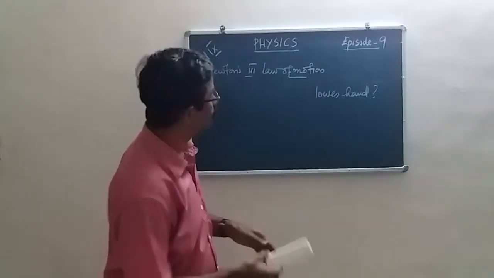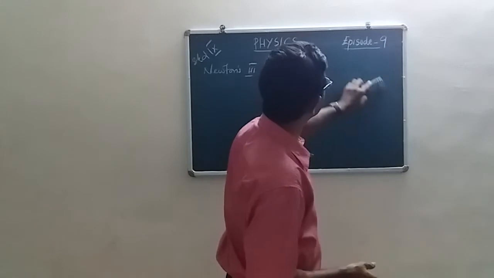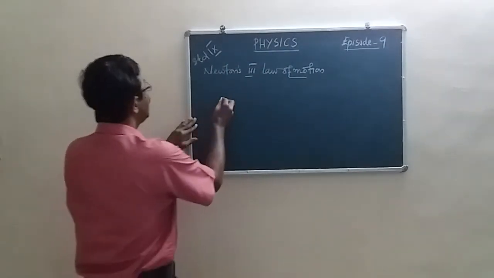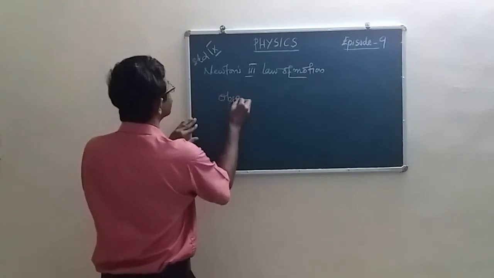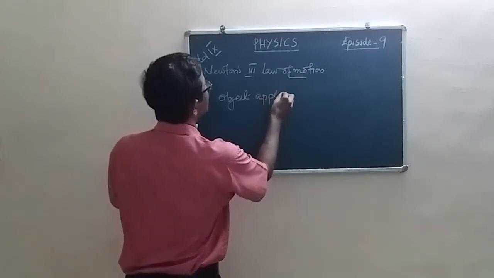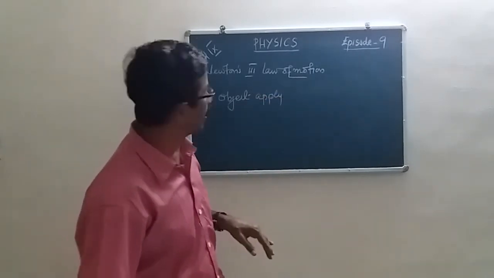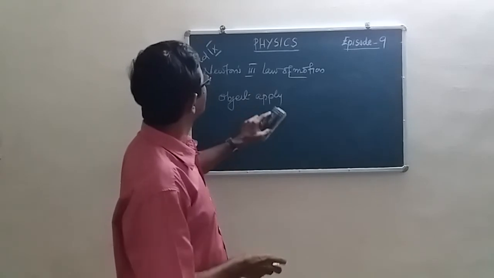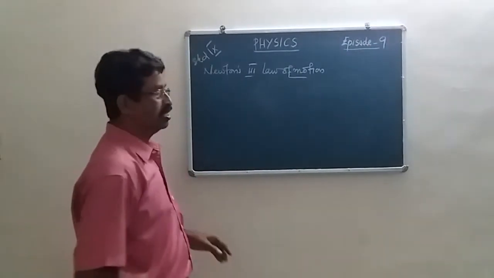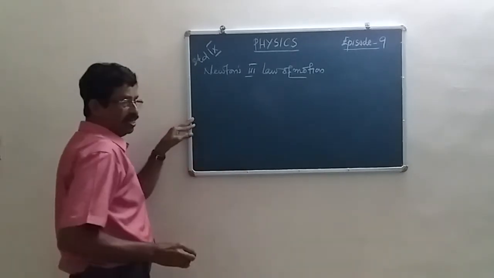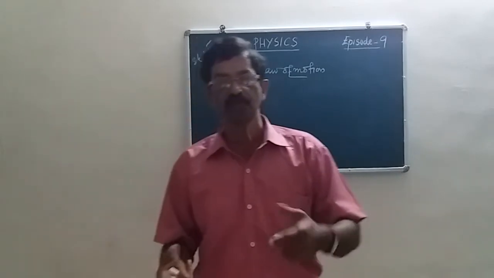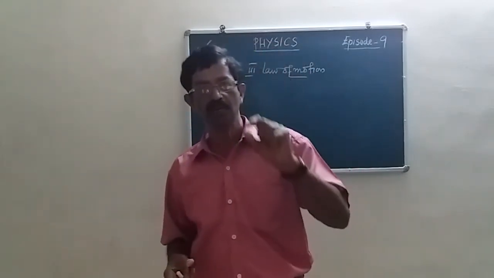Now we are going to discuss Newton's third law. See, when an object applies a force on another object, suppose when we walk, we exert a force on the ground.